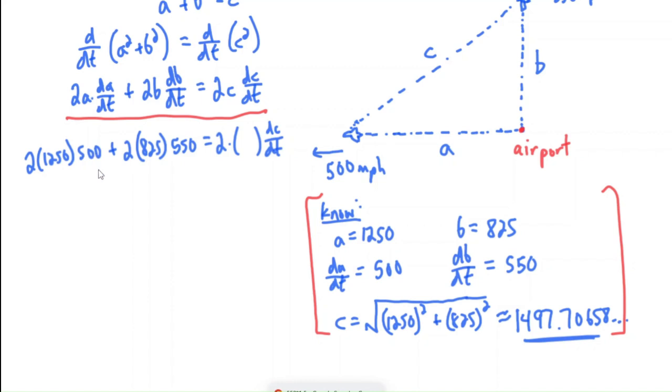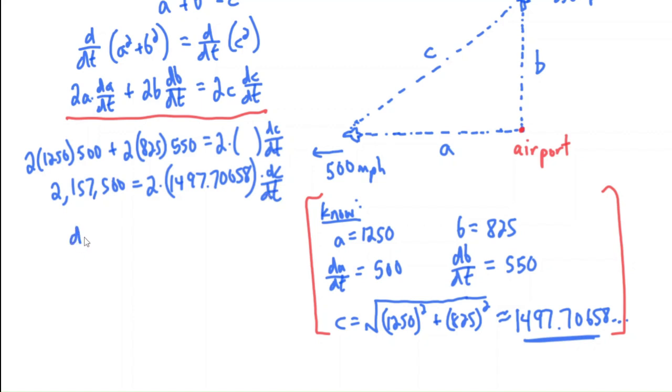Now the left-hand side simplifies to 2,157,500. And that equals this 2 times C. Now for C, you could put in the square root. In fact, that might be the better idea, to plug it in the way it is, so you don't have any round off error. Or we could use this, but we're going to use enough decimal places that the round off's not going to be bad. We're going to have 1,497.70658 times dC/dt.